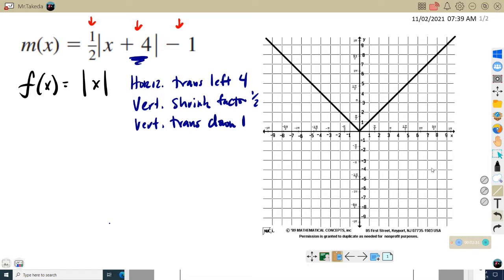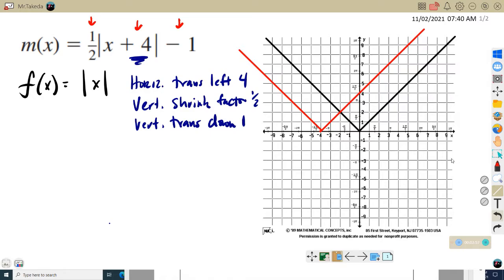Okay, so we're going to take this left 4 units. That means I'll just start with the vertex and go 4 units over here, and so this will look like this now. Okay, so I've moved it over 4 units.